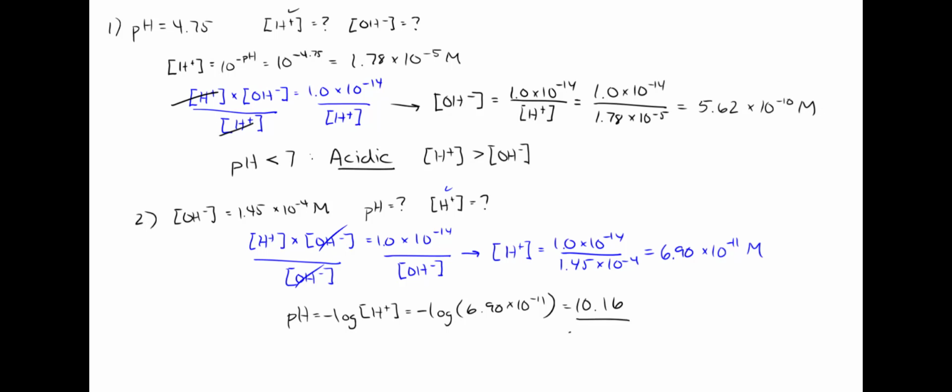So is this acidic or basic or neutral? Well, it's clearly not neutral because the pH is not 7. The pH is greater than 7, and that means that the solution is basic. The other way we could determine that is we could compare the proton concentrations and the hydroxide concentrations.